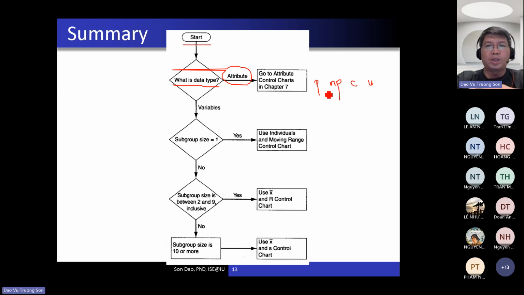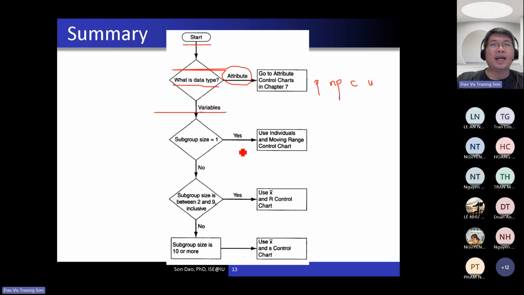If our data is more like variables, which means we can quantify properties like weight, size, volume, and things like that, then it's better to use variable control charts. The next question is, what is the subgroup size?